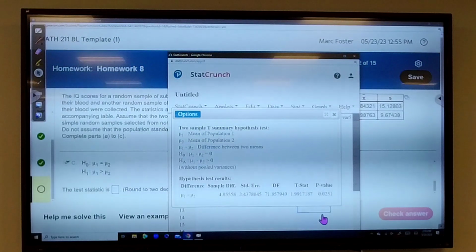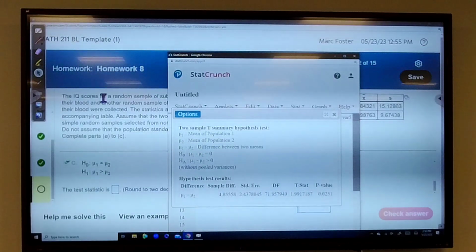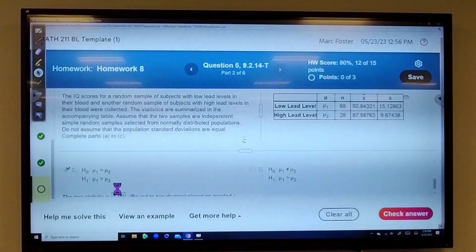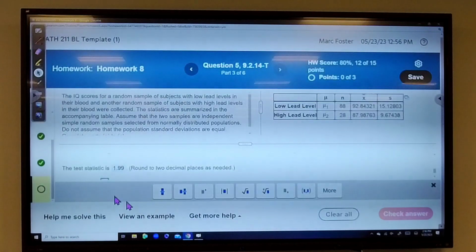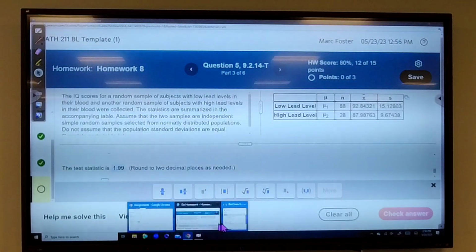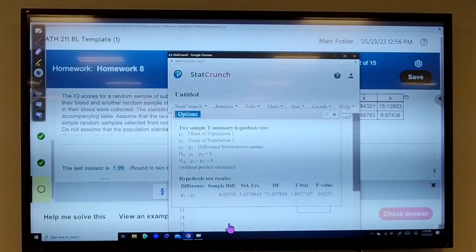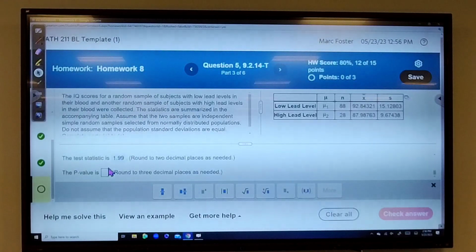I've got my test statistic, I've got my p-value. So my test statistic is 1.99. And the p-value is kind of big. Or I mean small, excuse me. 0.025 to 3 decimal places.